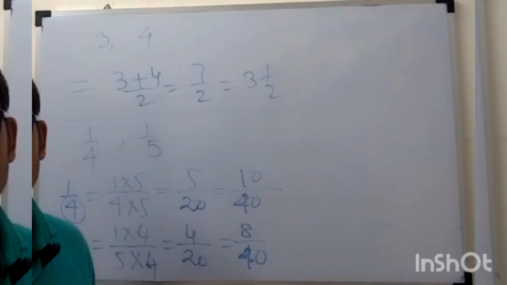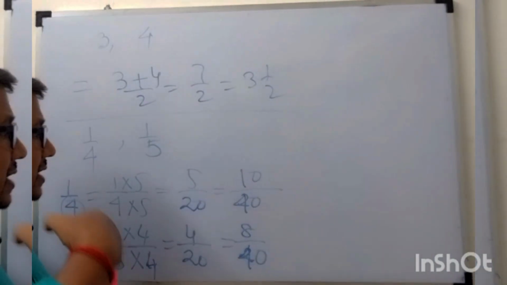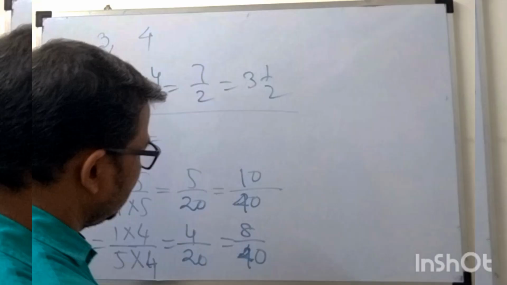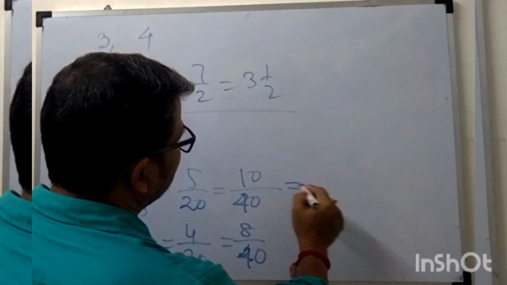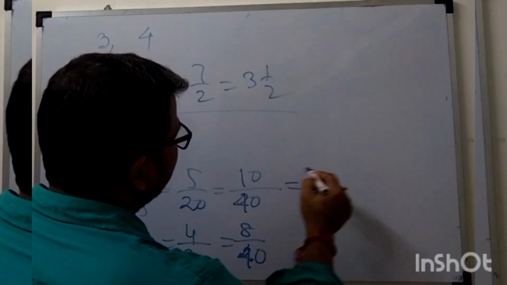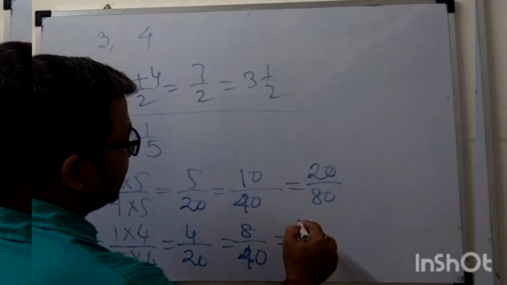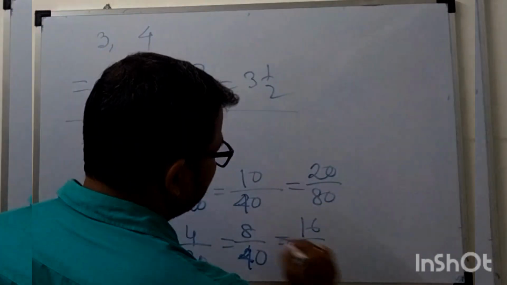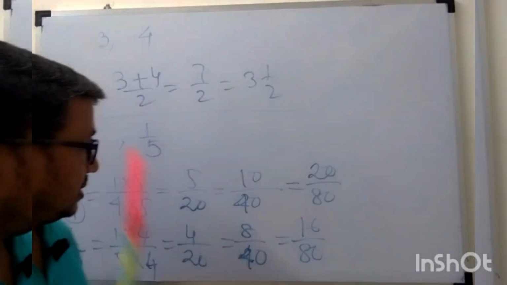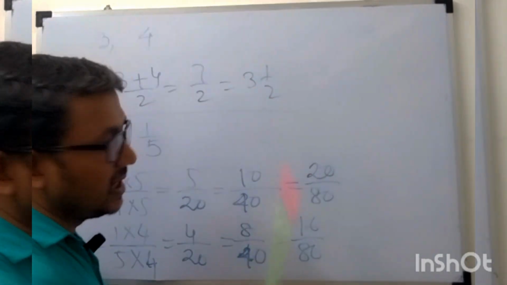But we have to find 3 numbers. Then let us double once again. If we multiply this by 2 and 2, what will we get? 20/80, and here we will get 16/80. Now there will be 3 integers between 16 and 20.